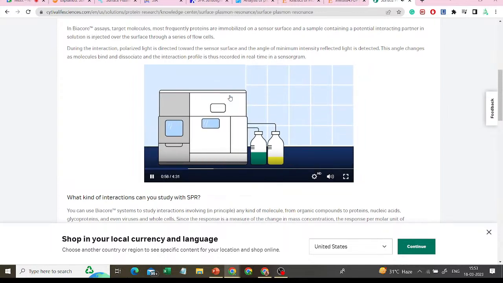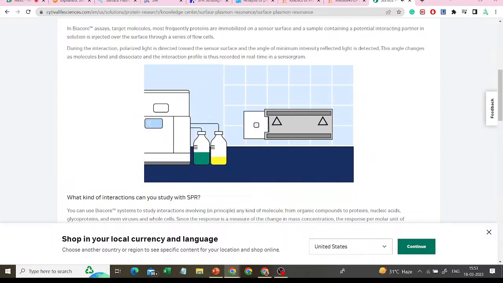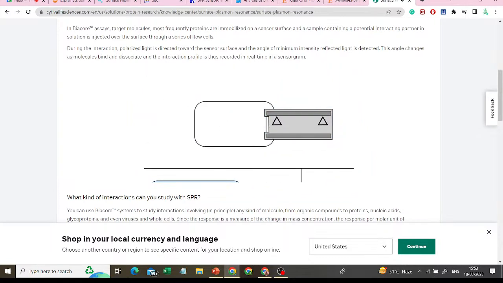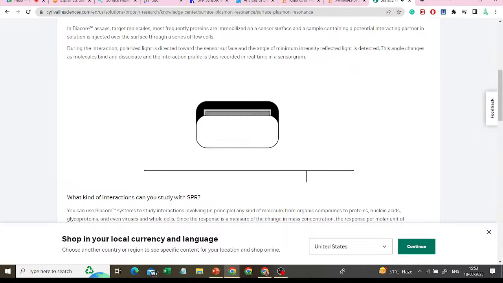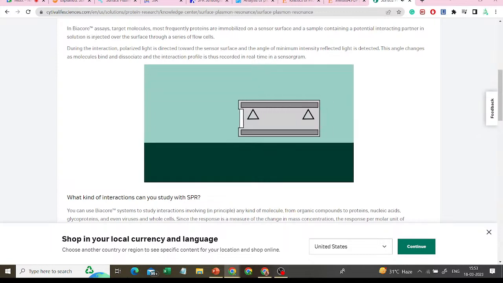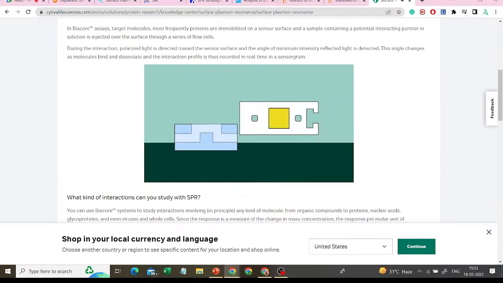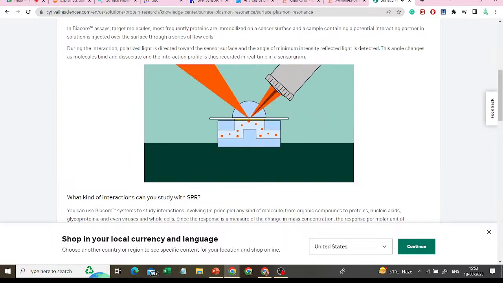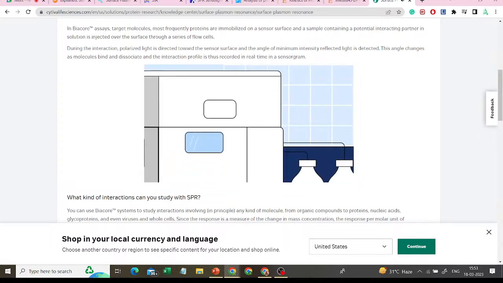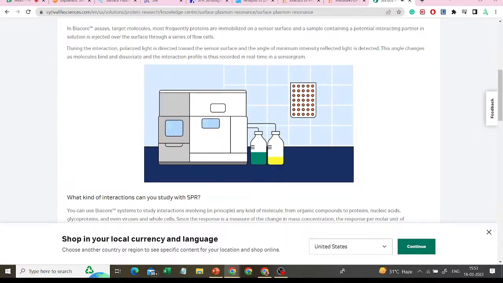Biacore SPR systems have three core components that are key for generating high-quality data with excellent reproducibility and precision: the sensor chip, the microfluidic system, and the SPR detection unit. Samples and reagents are held in removable racks and are delivered to the sensor chip by a microfluidic system that uses a very low volume of sample, a few microliters.